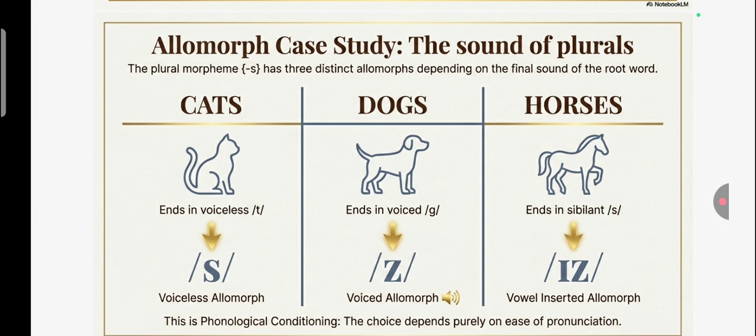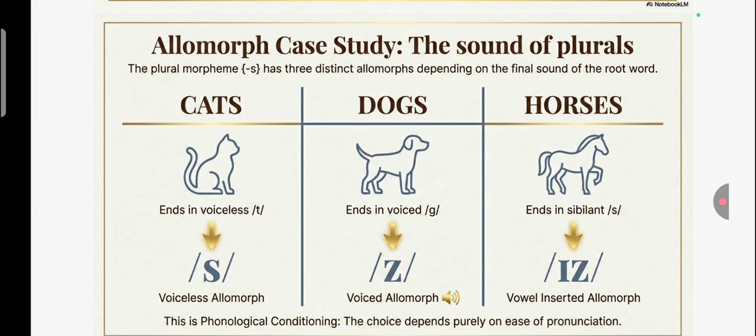It changes into the pronunciation of Z, that is, dogs. And look at the next word, horses. So here the plural form is ES. ES represents the pronunciation IZ, not Z. So we have to pronounce it as horses.